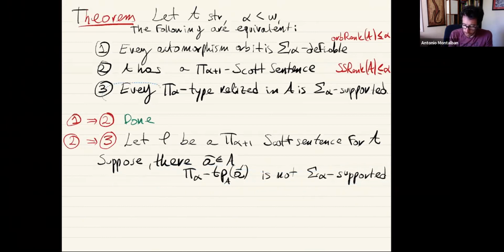Okay, so suppose 3 is false. That there is a pi alpha type that is not sigma alpha supported.